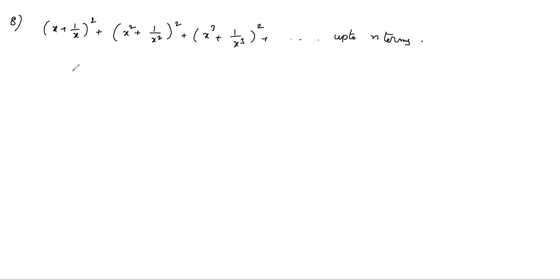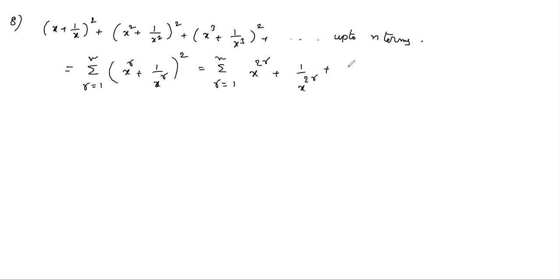So first we write the sigma notation, sigma r equals 1 to n. The rth term is x power r plus 1 by x power r, whole square. So by simplifying, sigma r equals 1 to n of x power 2r plus 1 by x power 2r plus 2 into x power r into 1 by x power r.